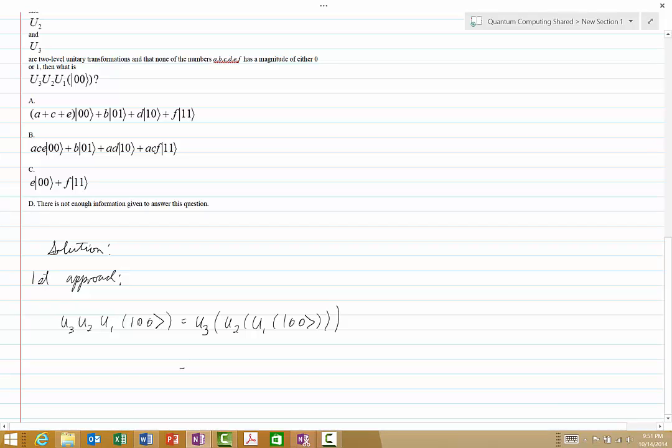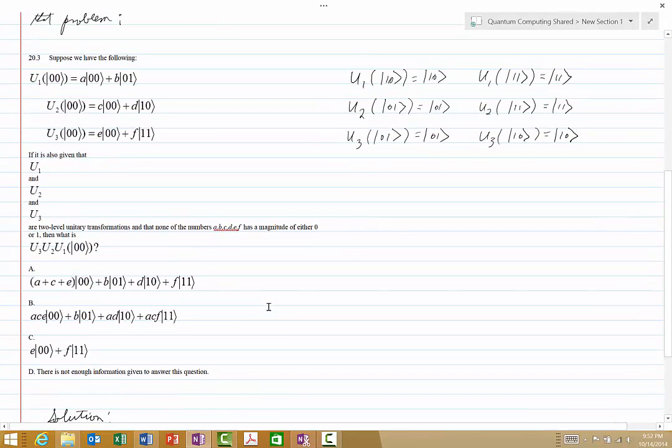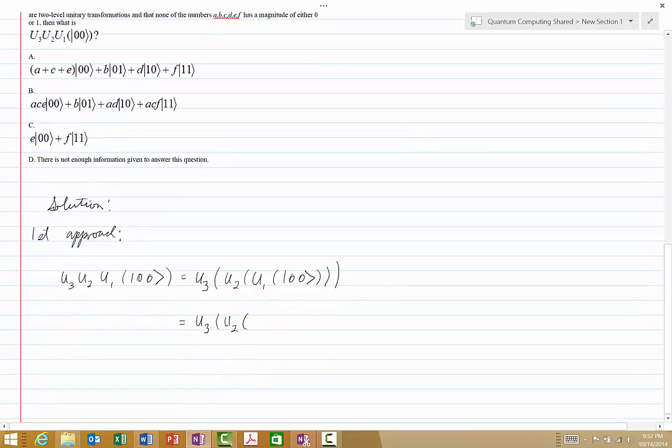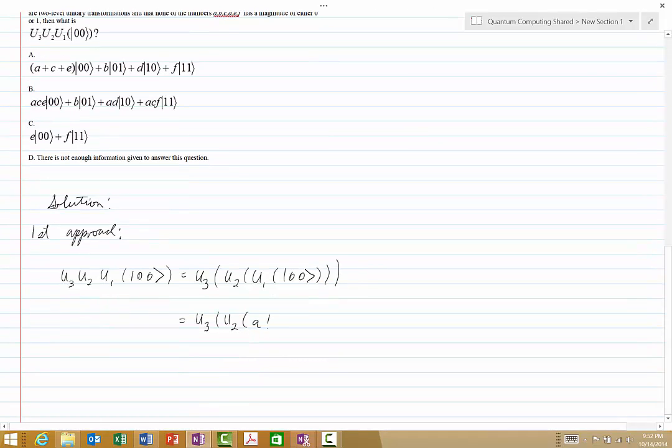Inside here we have U1 of 0, 0. And we're given above that U1 of 0, 0 is A0, 0 plus B0, 1. So we can write that down: A0, 0 plus B0, 1.